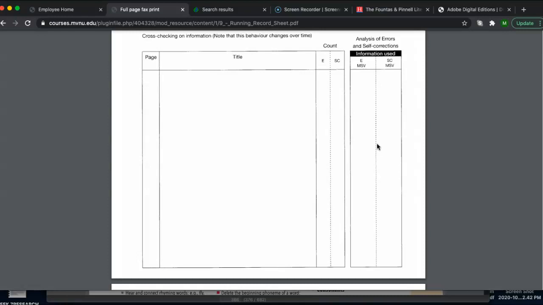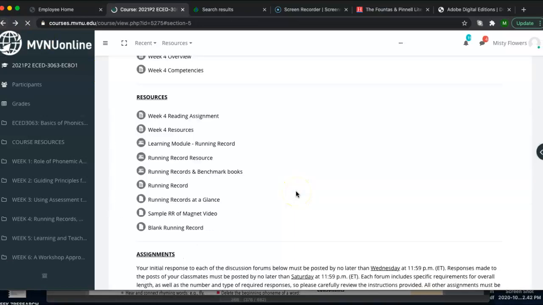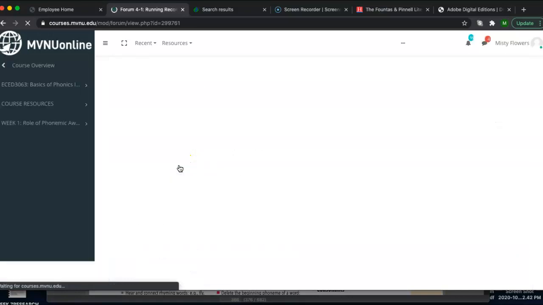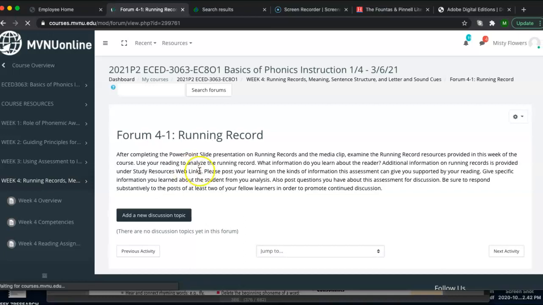The more you do it, the better you become. Discussion forum 4.1 is on running records. If you have any questions about running records, this is where you post them.